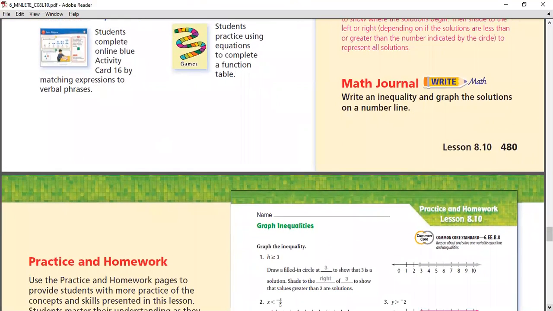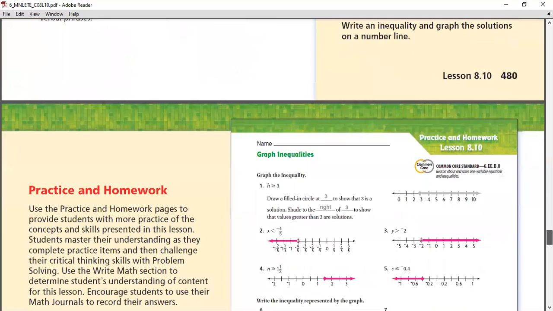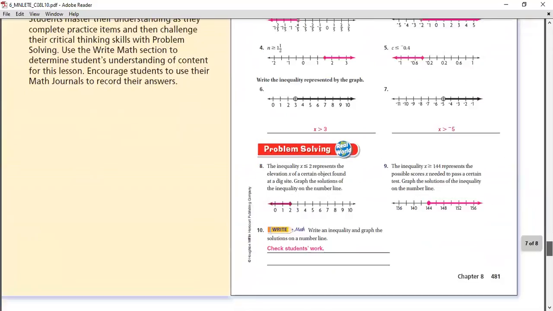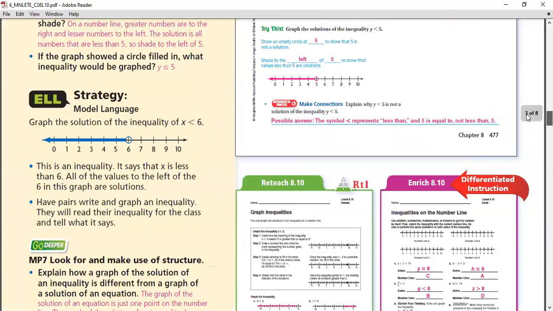You know what the homework to be done is. Next page 1 and 2, and on this page all the related questions. So that's going to be page 481, question number 1 till 9, and the next page 1 and 2.